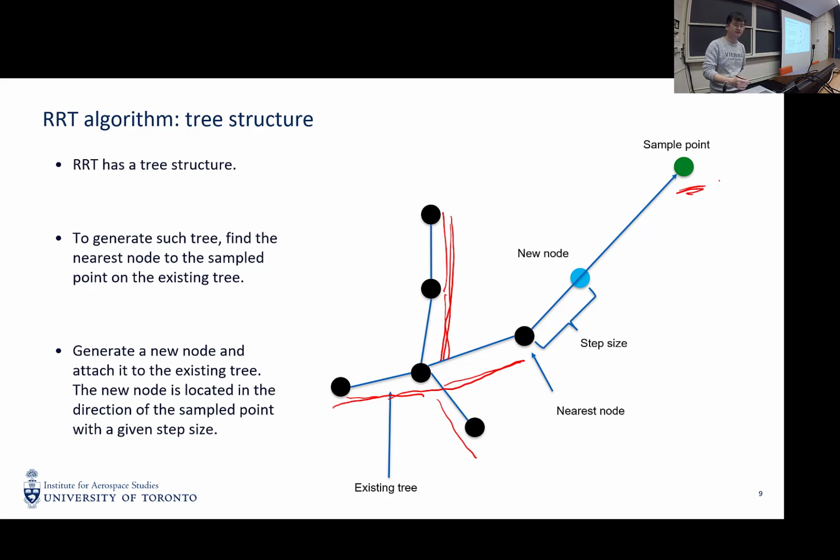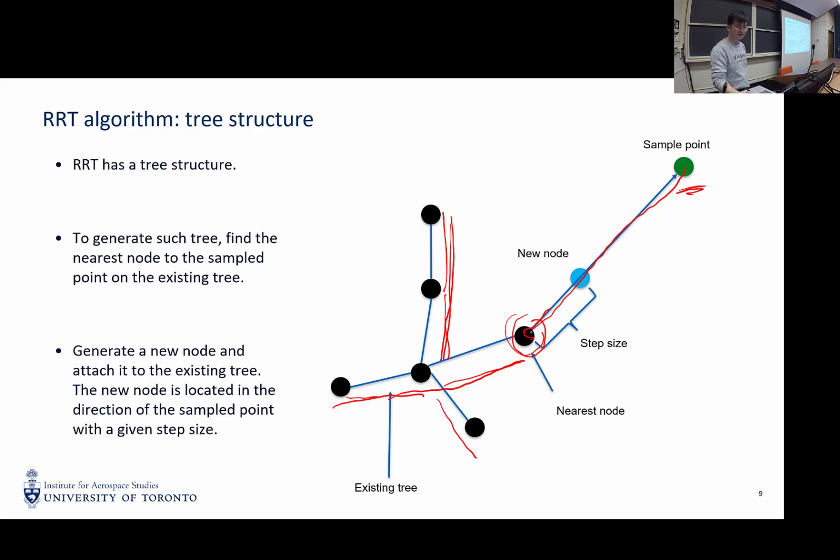The method is to draw a straight line from a node in the existing tree to the sampling point. The node picked from the existing tree is based on the Euclidean or some other distance, so we pick the nearest node on the tree to the sampling point as the reference point.